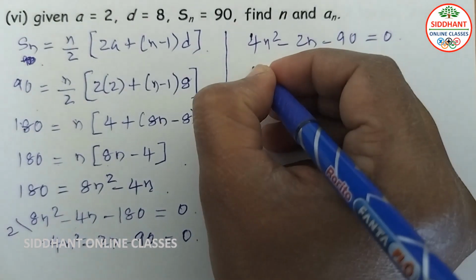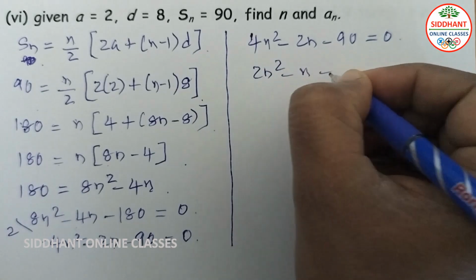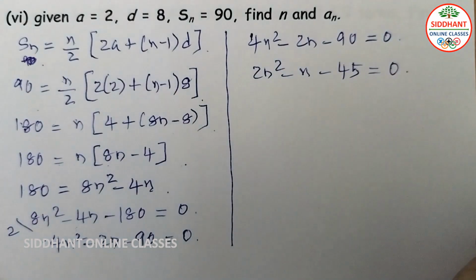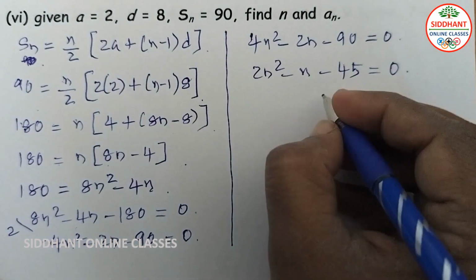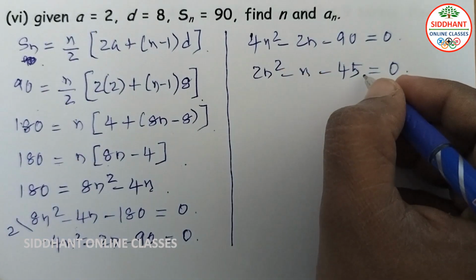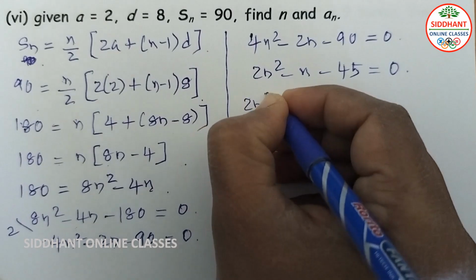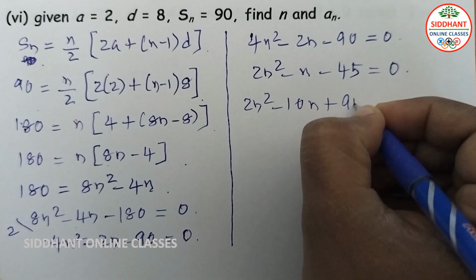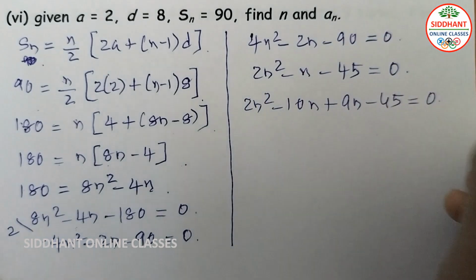Dividing by 2 again we get 2n square minus n minus 45, that equals 0. Now we are going to find out factors, that is 2 into 45, 90, and the difference should be 1, that is 2n square minus 10n plus 9n minus 45, that equals 0.